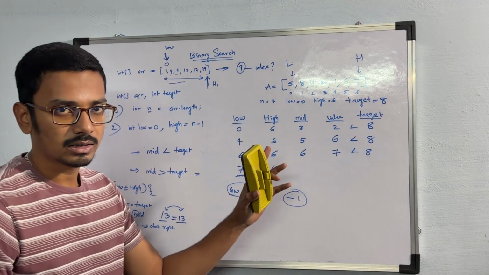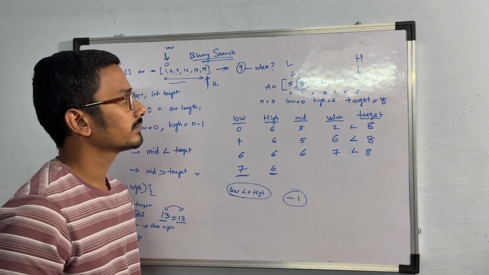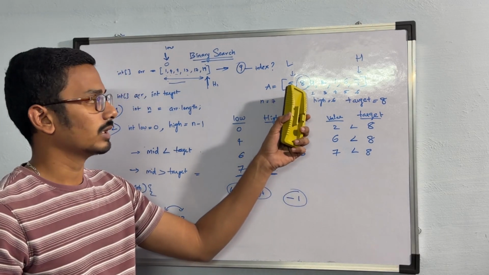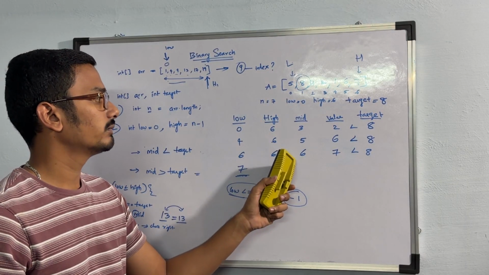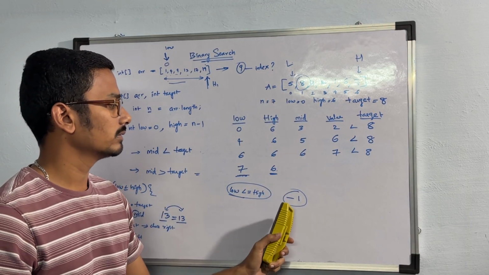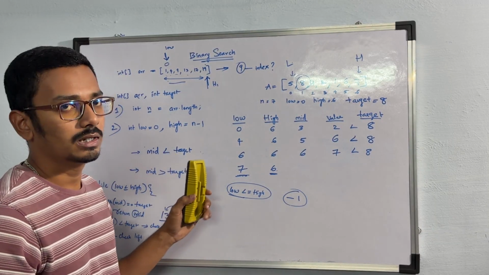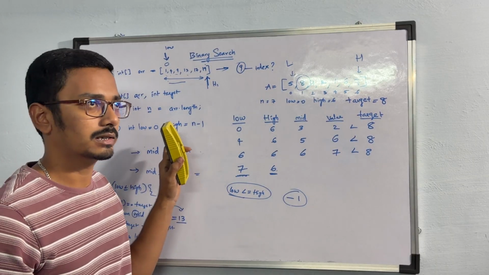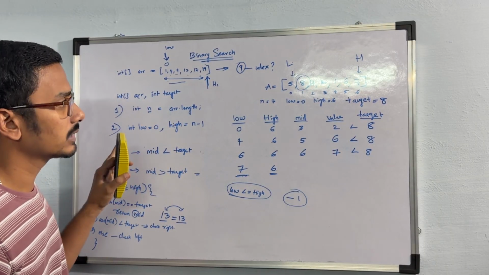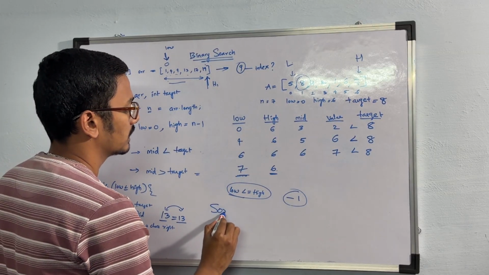But if you observe clearly, we have the target value 8 here. But according to the classic template, we didn't find 8. We are returning -1 according to the classic template. That demonstrates that this classic binary search template will be applicable only for sorted arrays.